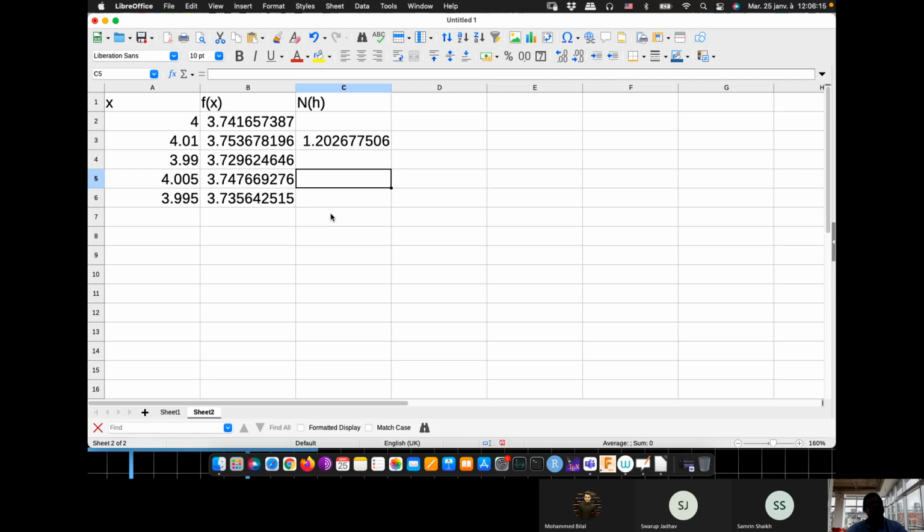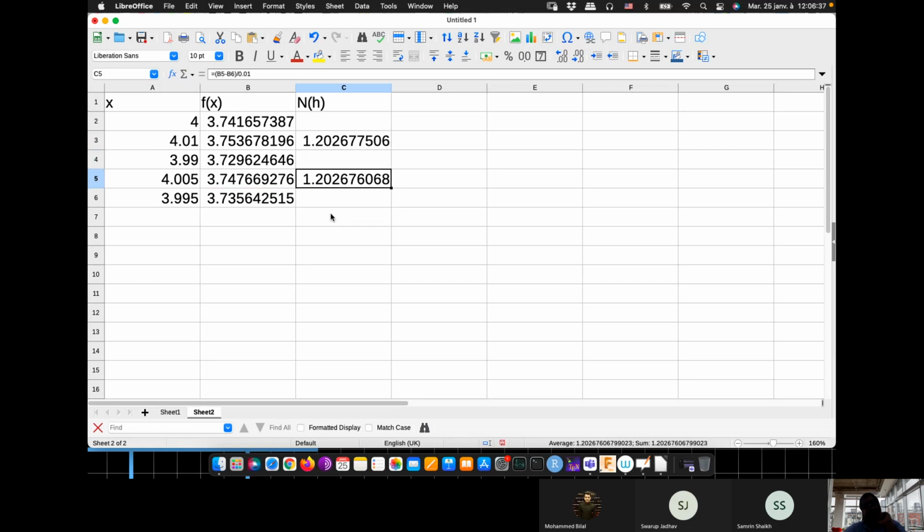Similarly, I have to calculate N(h/2). How do I calculate it? Equal to the upper value minus the lower value divided by 0.01, because it is 2 times h by 2, which becomes h only. So you have got the values of N(h) and N(h/2).